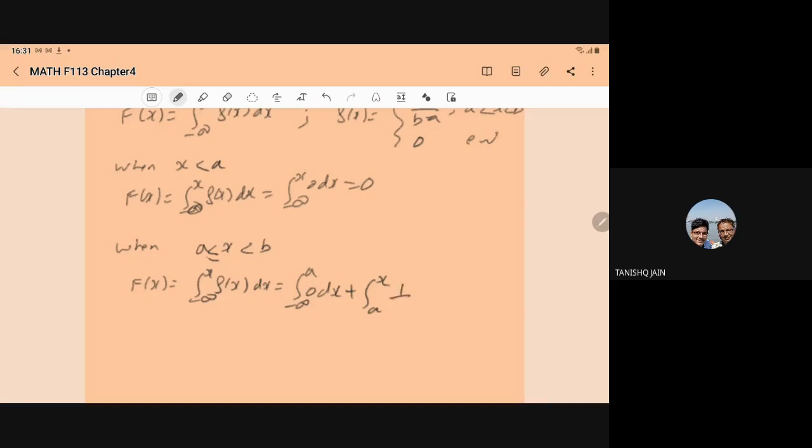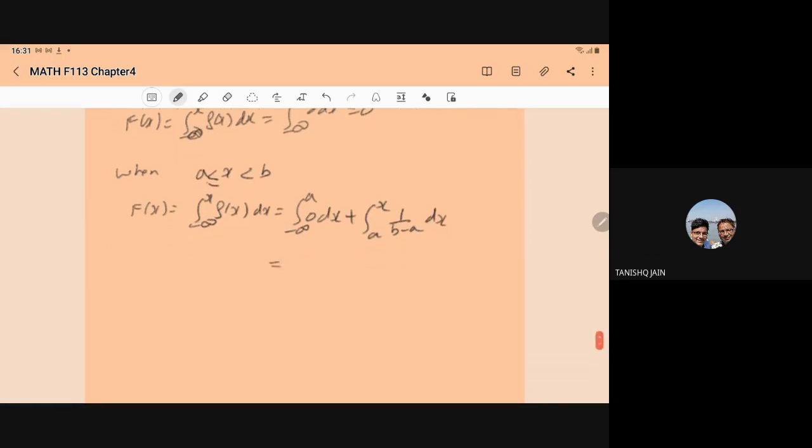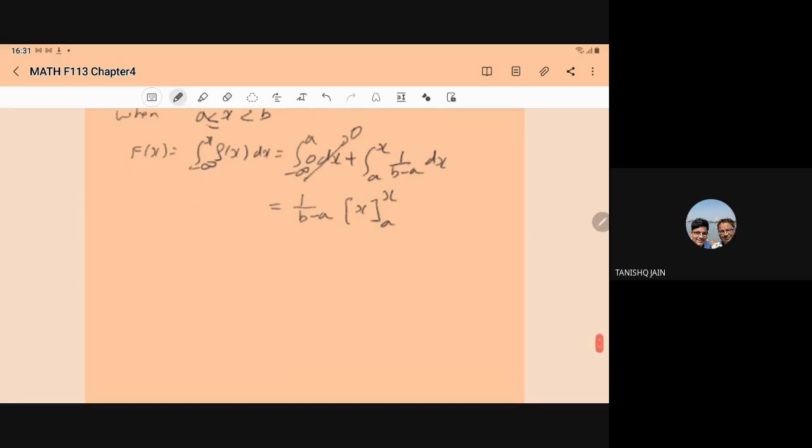In this case the integrand is 1 upon b minus a into dx. So this will become 0. So here we have 1 upon b minus a, and here we have x from a to x. So this will become x minus a upon b minus a for the range x from a to b.